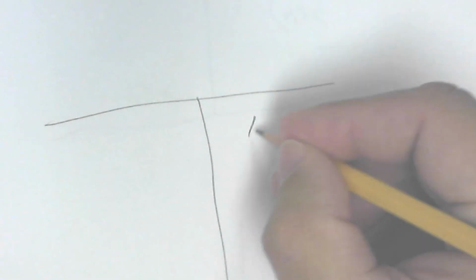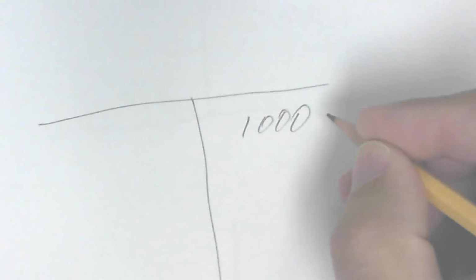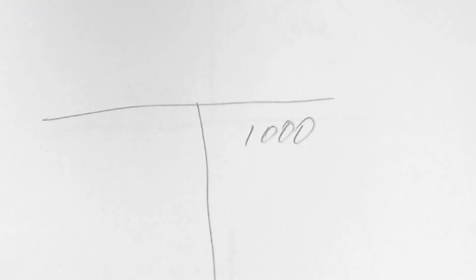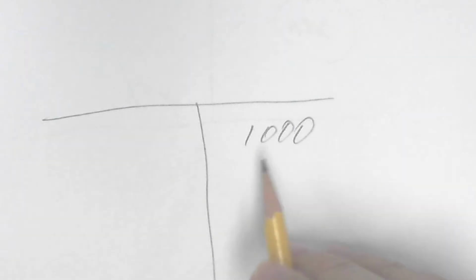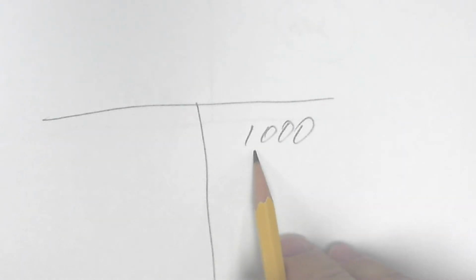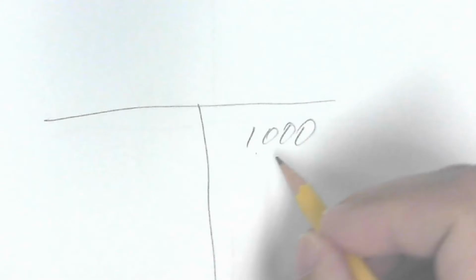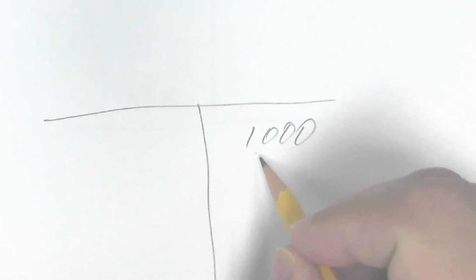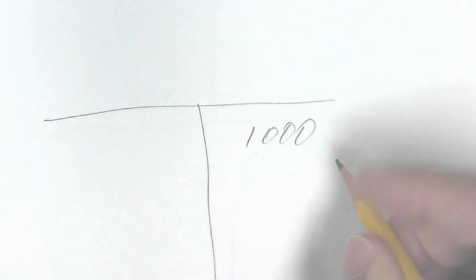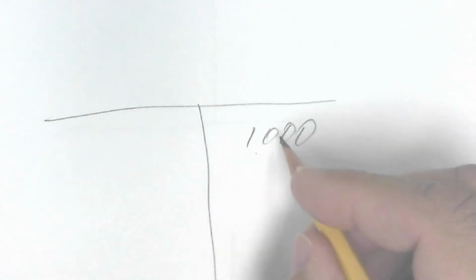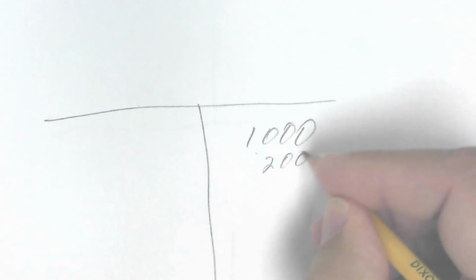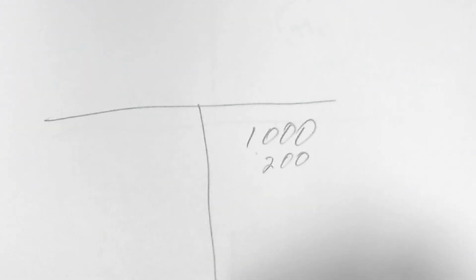Beginning credit balance of 1,000. So now we've got our 1,000. Now we have a new credit that says in the problem, a new credit of 200.